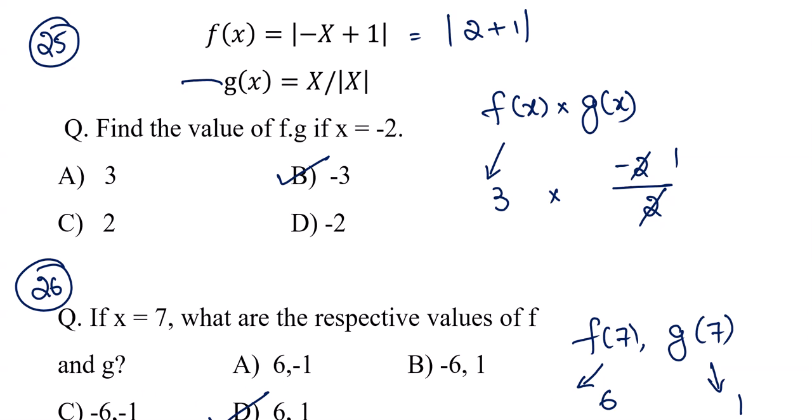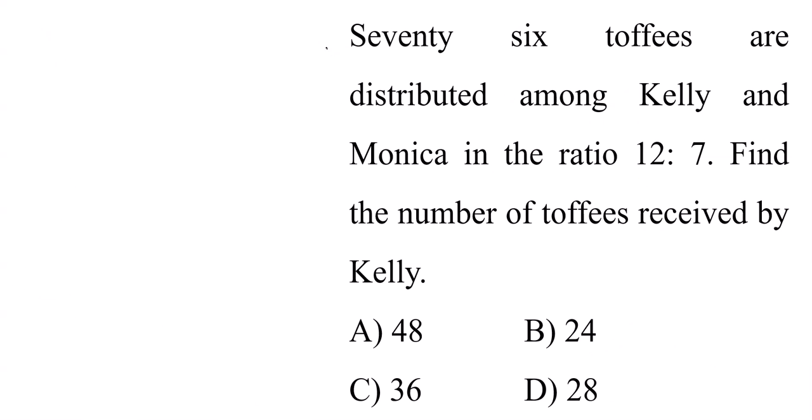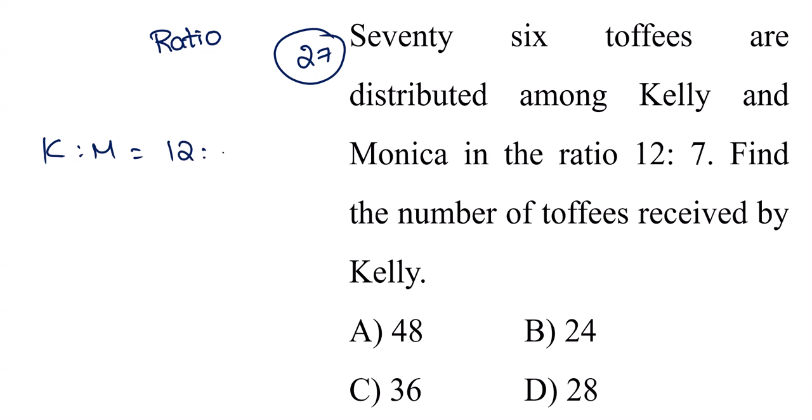Right. So see the next one. This is a ratio related question. Check this ratios related one. Kaylee and Monica will distribute in 12 and 7. So 76 toffees.